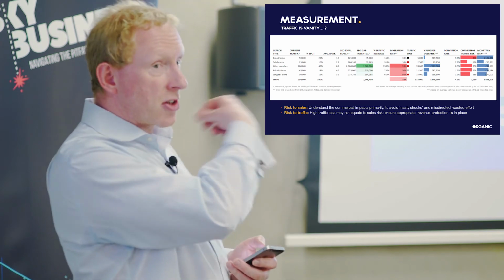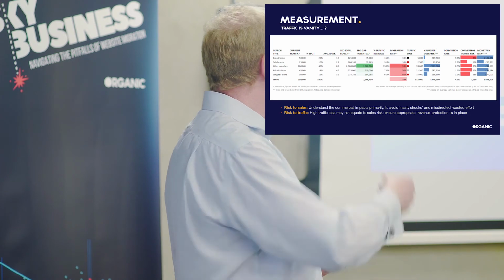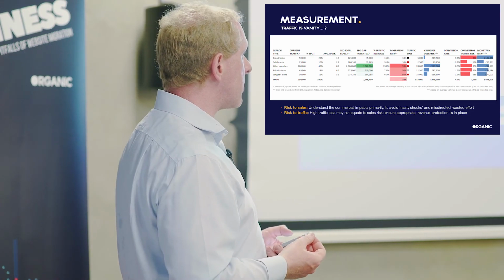But if you understand that actually those phrases aren't the ones that are converting and driving user engagement, and we rejig those figures, you'll see the last two columns have a much more representative view of your site and what you should be focusing on, and that should be the prioritization for migration planning. We should be looking at where the converting risk is, and we should be looking at the monetary risk associated with that converting traffic and that converting language. And here you get a very different profile.